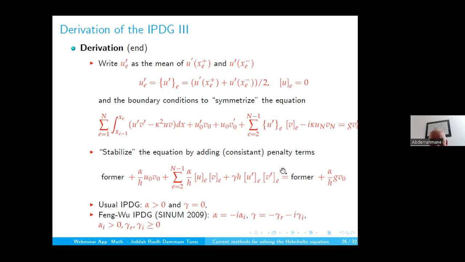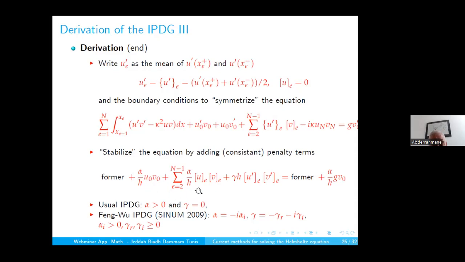And then you obtain this equation. And you stabilize the equation, and here is just a rewriting of the equation after integration by parts. And the most important part is to add the penalty term.